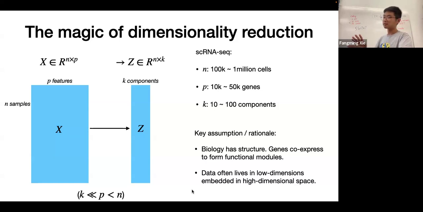But the data don't occupy all the regions within that high dimensional space. They live in a very low dimension, embedded in a high dimensional space. The key is for us to figure out where they actually are within all the possibilities.